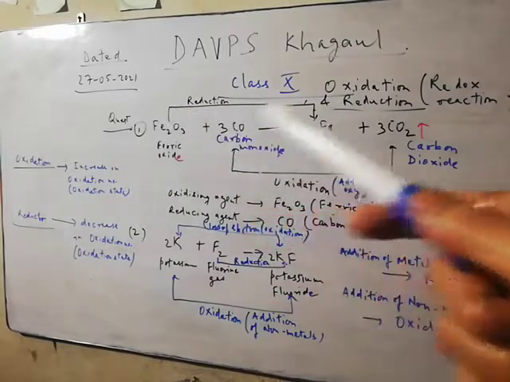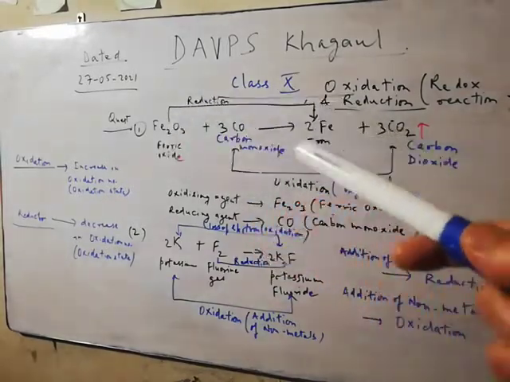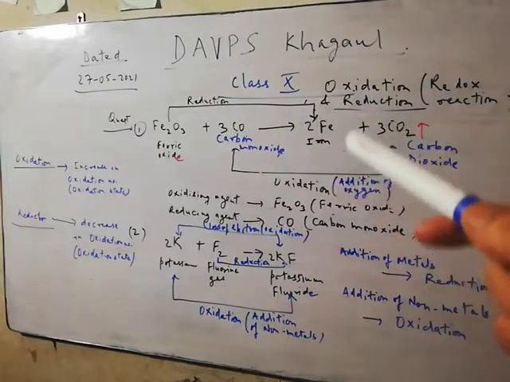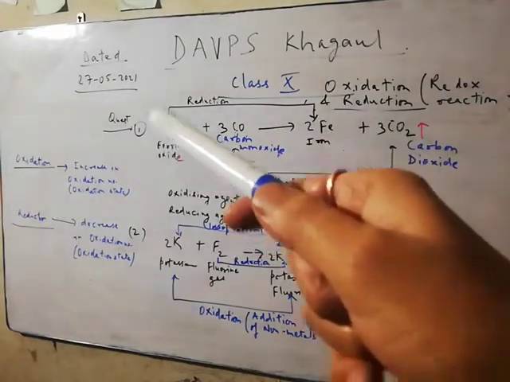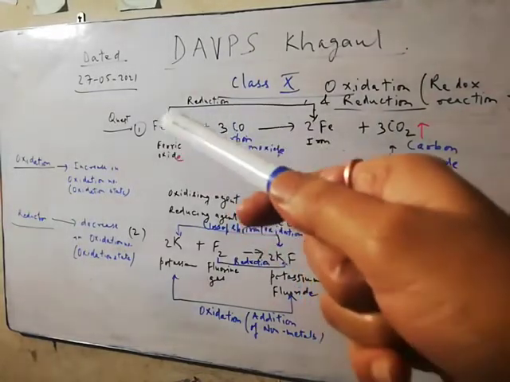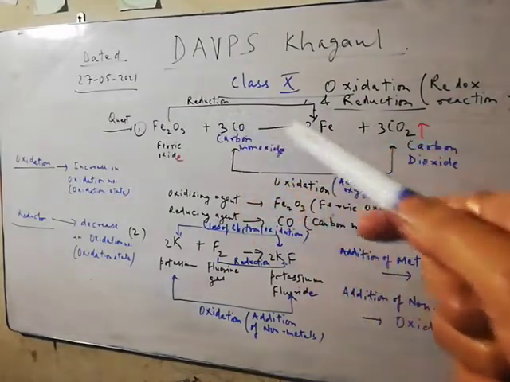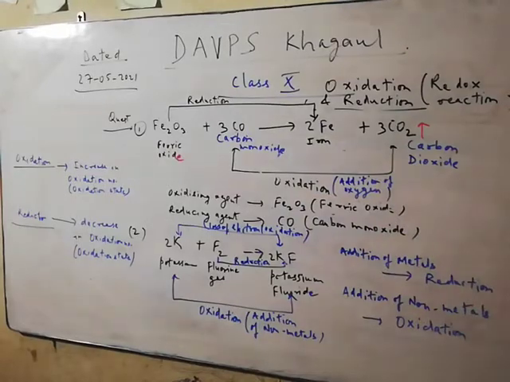Here loss of oxygen takes place. Here oxygen, there no oxygen. So what is loss of oxygen? Reduction. So we see reduction occurs.